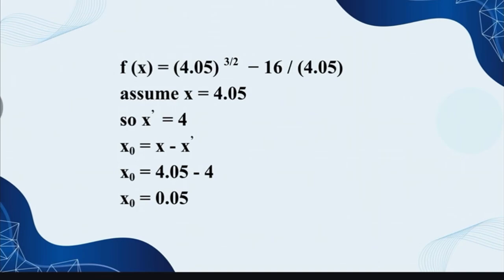We assume x is equal to 4.05. So our x' is 4. We must take the integer closer to x. So our x naught is x minus x'. The answer for x naught is 0.05.